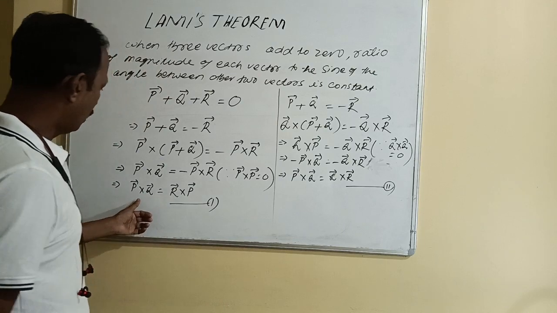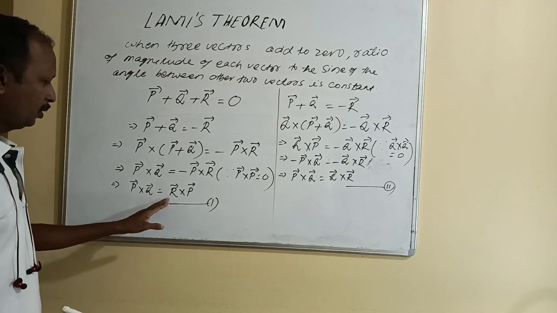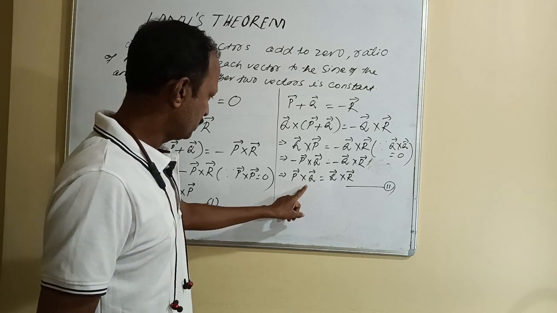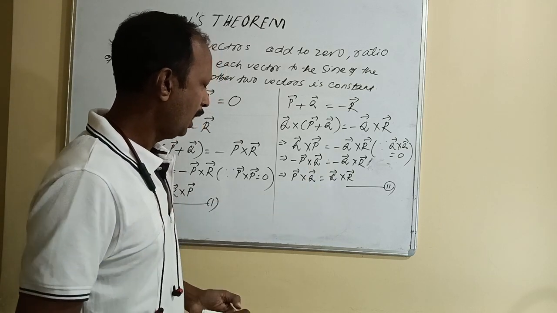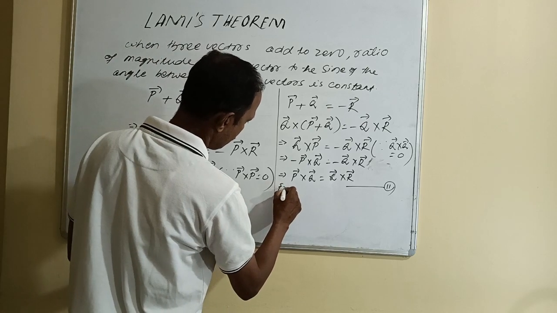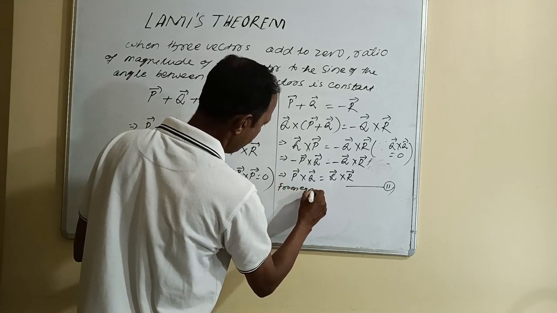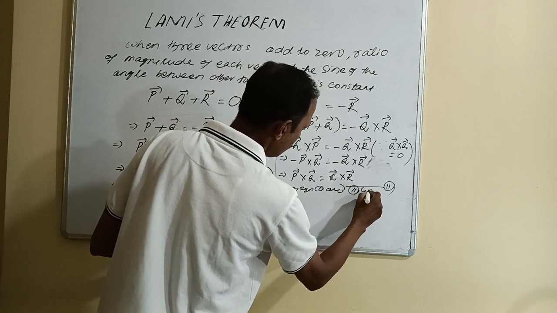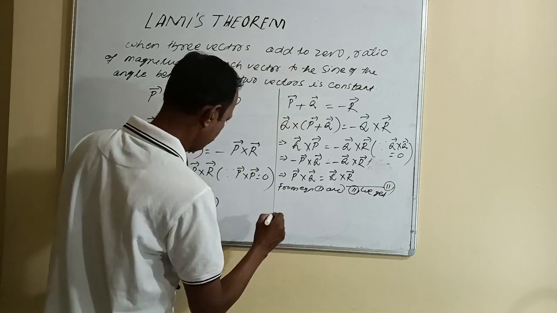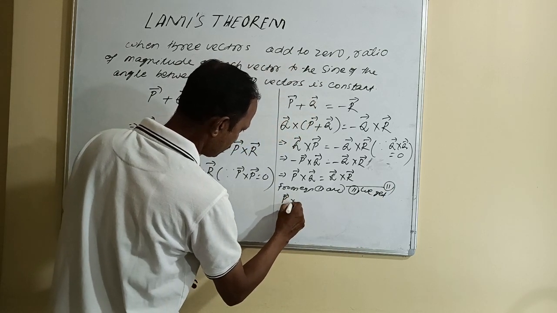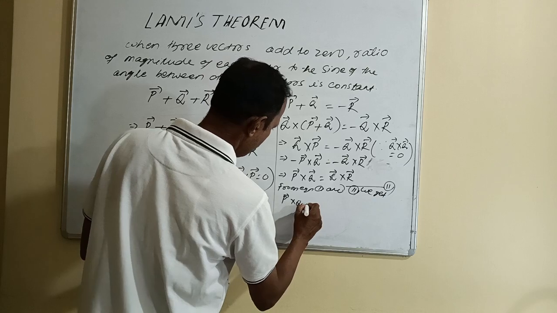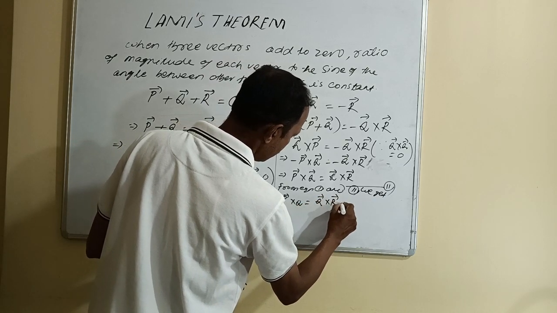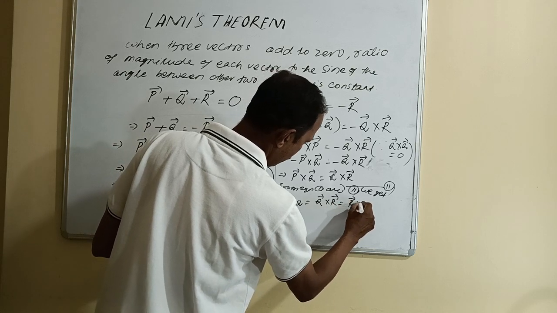Okay, I got here P cross Q equal to R cross P. Here I got P cross Q is equal to Q cross R. That means from equation 1 and 2 we get P cross Q is equal to Q cross R is equal to R cross P.